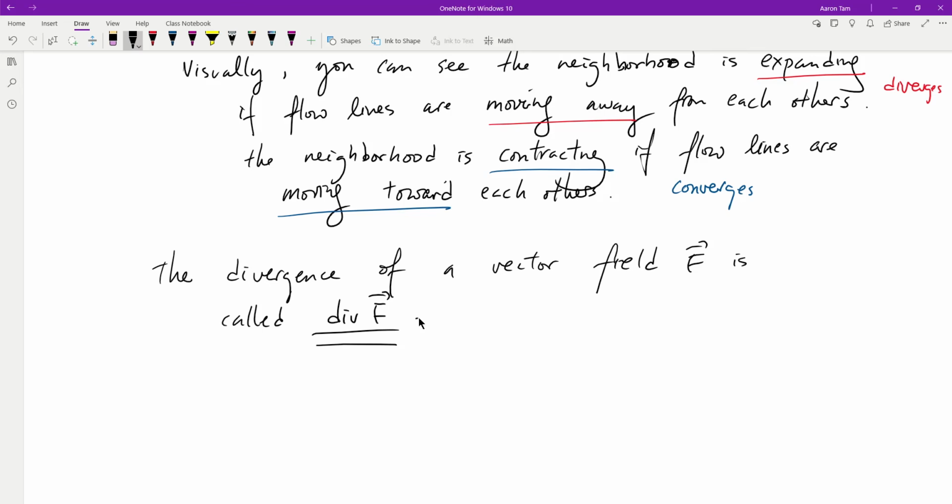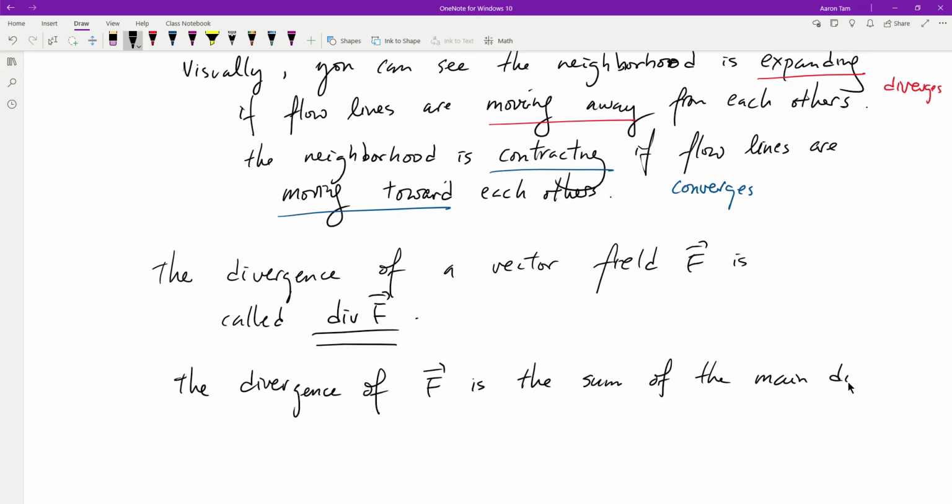This is how. The divergence of F is basically the sum of the main diagonal of the derivative matrix of F.